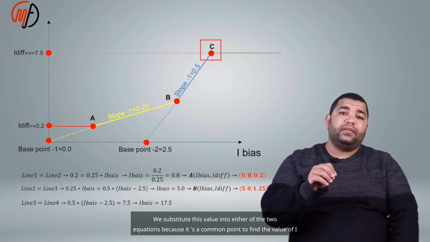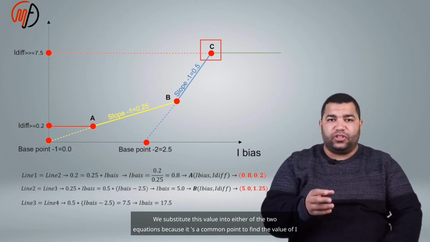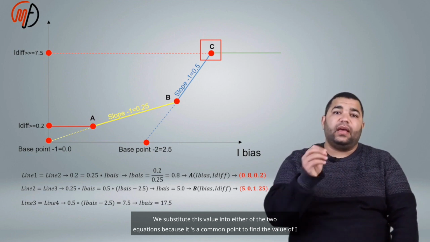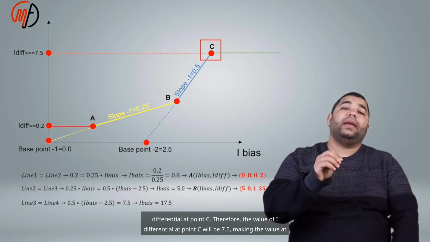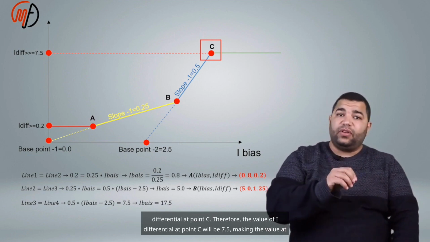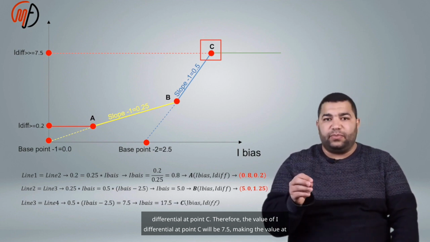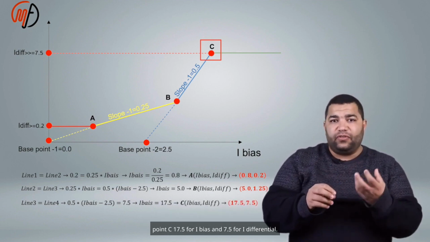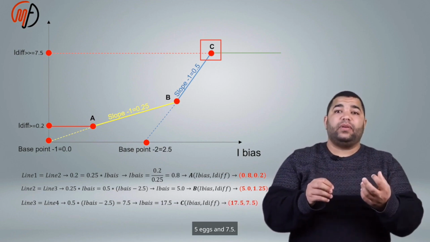We substitute this value into either of the two equations because it's a common point to find the value of I differential at point C. Therefore, the value of I differential at point C will be 7.5, making point C 17.5 for I bias and 7.5 for I differential.